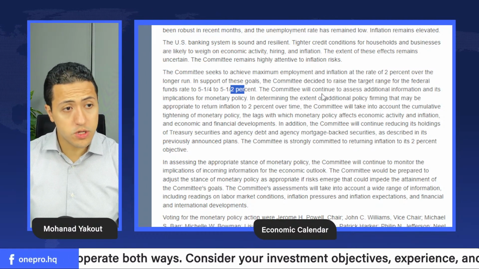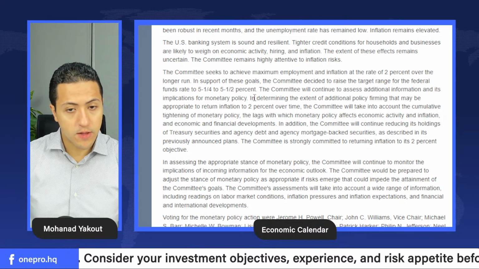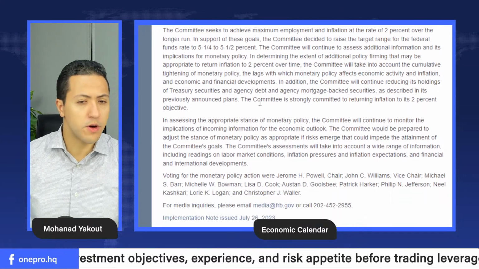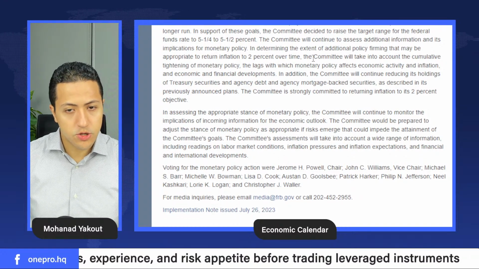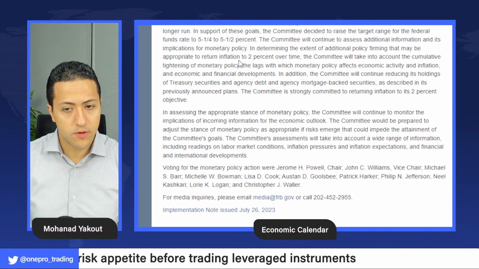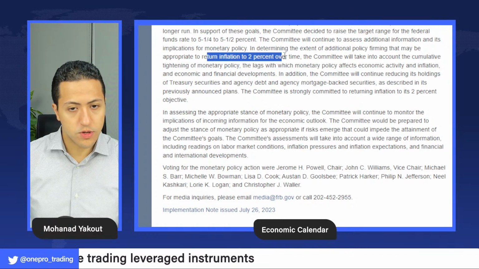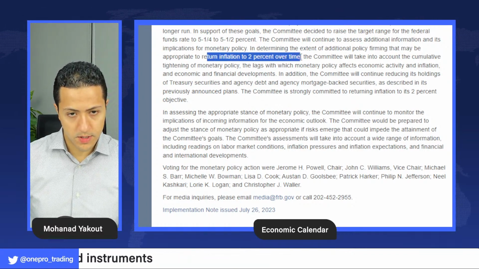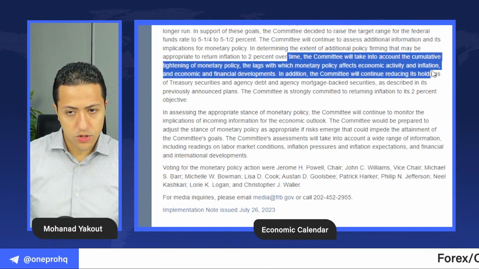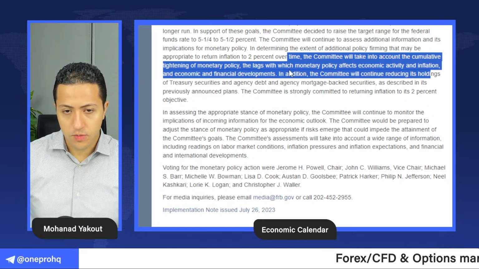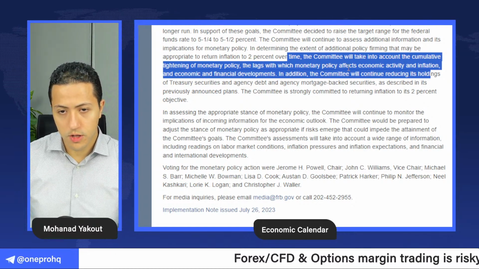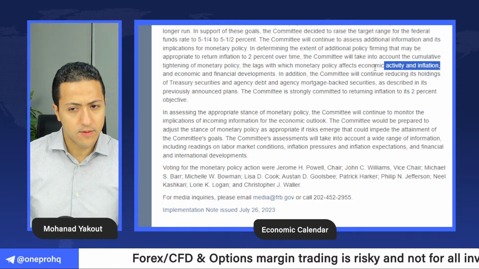The committee will continue to assess additional information and its implications for monetary policy, copy-paste guys, in determining the extent of additional policy firming that may be appropriate to return inflation to 2% over time. The committee will take into account the cumulative tightening of monetary policy, the lags with which monetary policy affects economic activity and inflation.